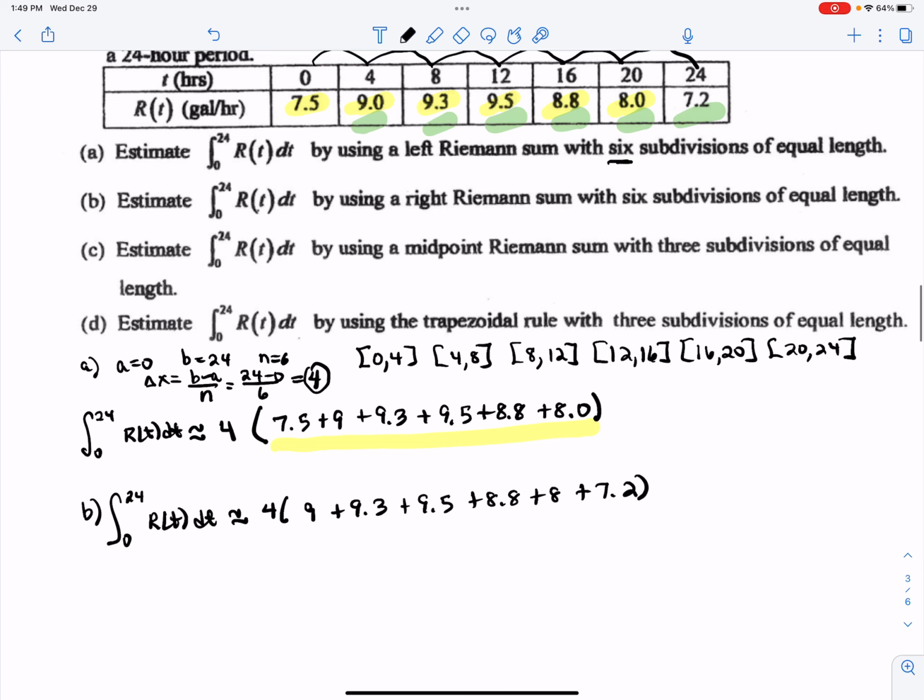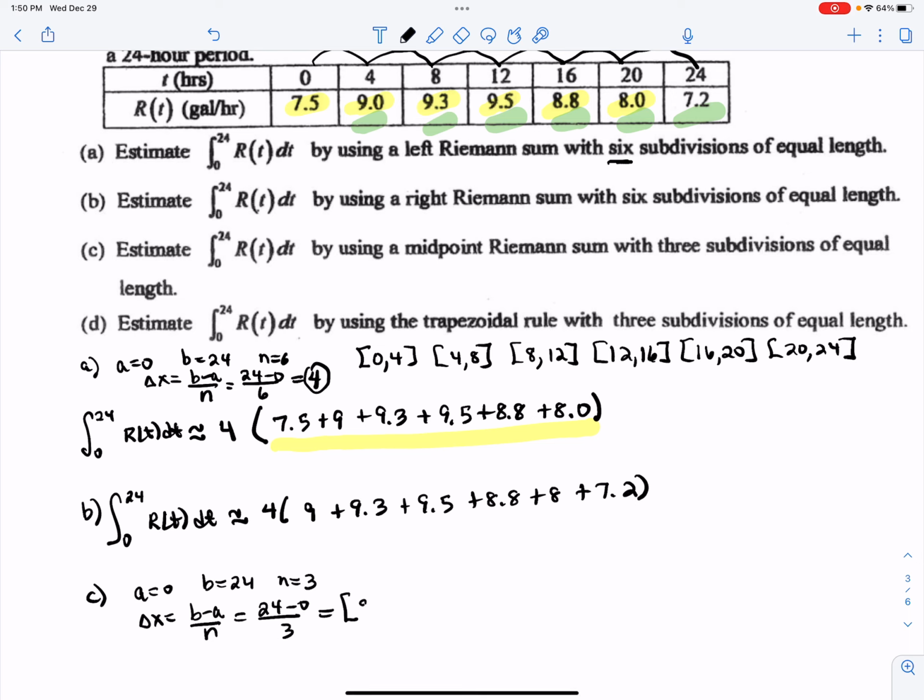Okay. For part C, we're using midpoint RAM, but here we have 3 subdivisions. So if A is 0 and B is 24 and N is 3, then delta X is B minus A over N. That's 24 minus 0 divided by 3. The width of each subinterval would be 8.